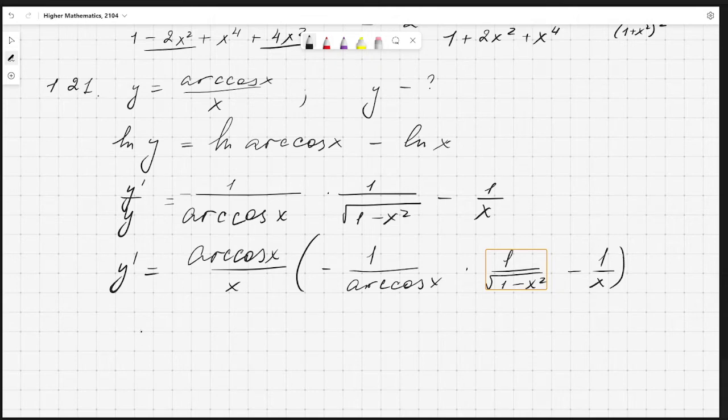Maybe open the bracket. We will have minus 1 over x square root of 1 minus x squared and minus arccosine of x over x squared.